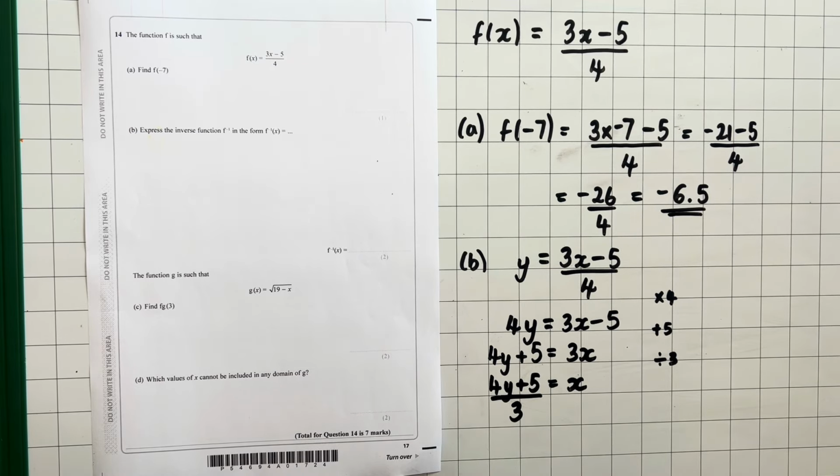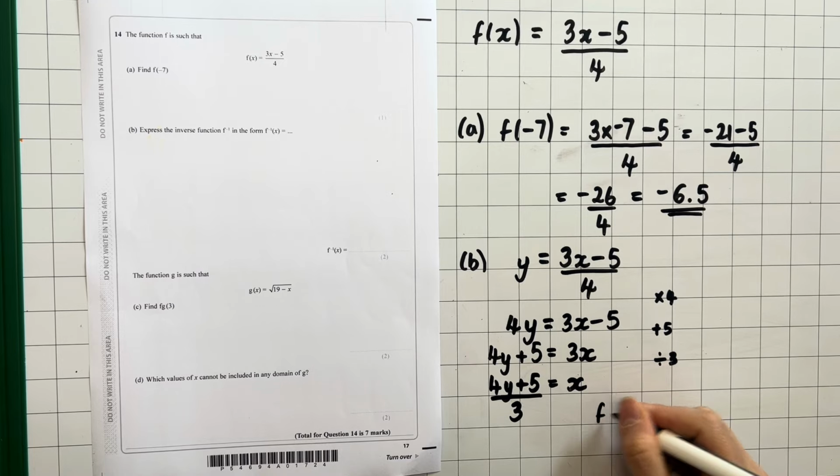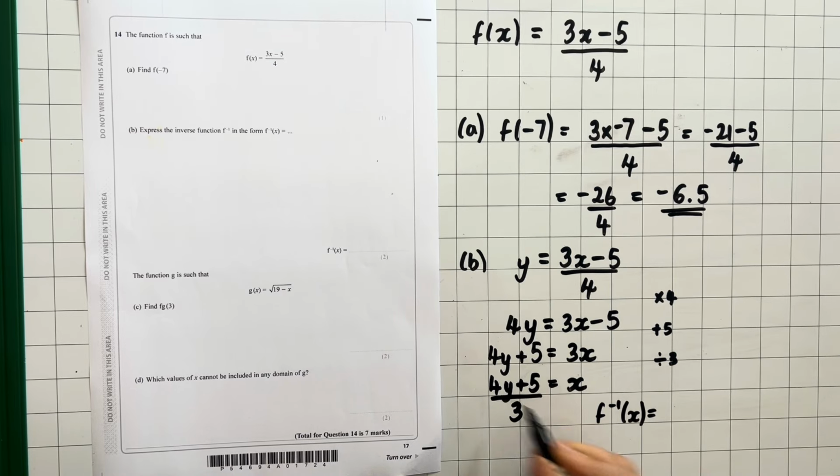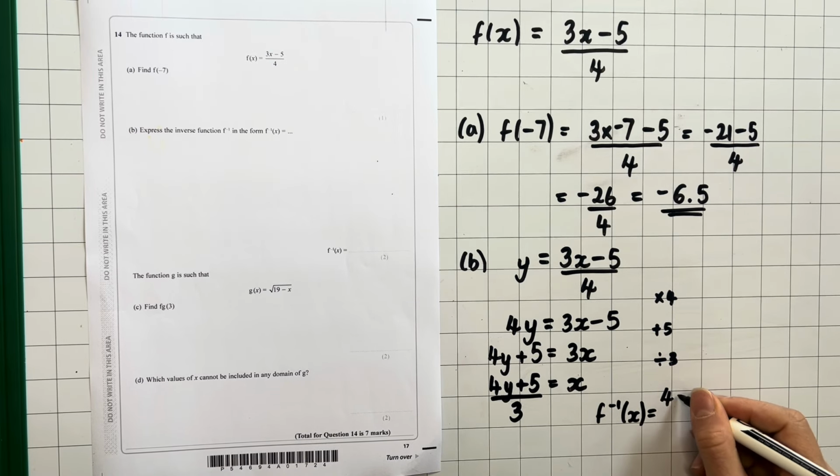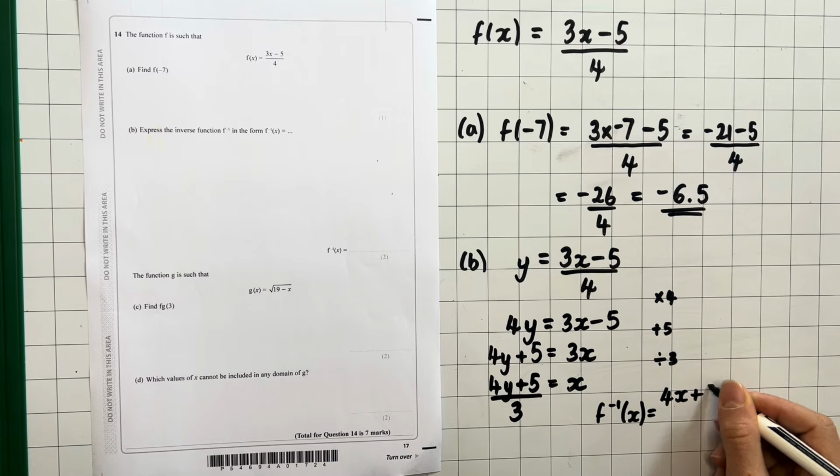We then need to replace the y with an x to give us our inverse function of f. So where we see y here, we're just going to replace it with x.